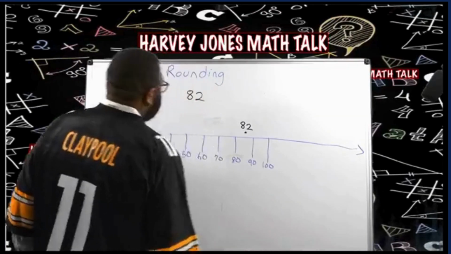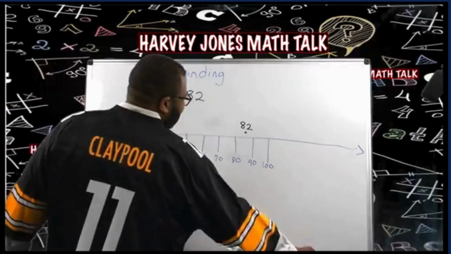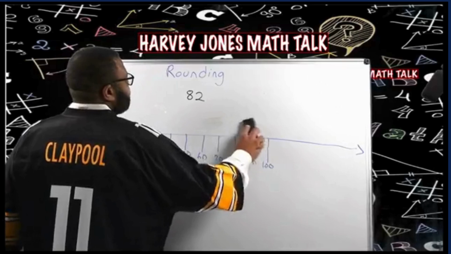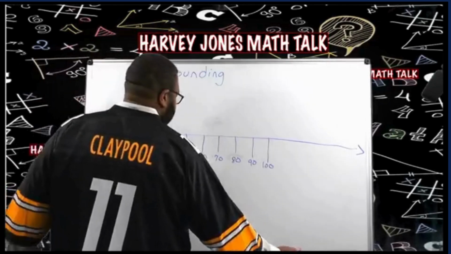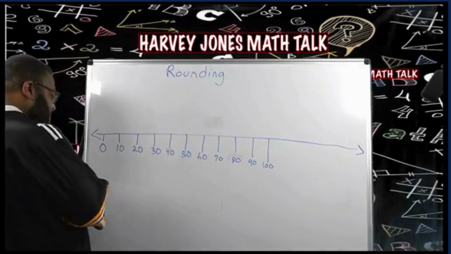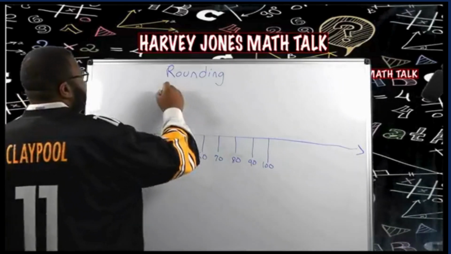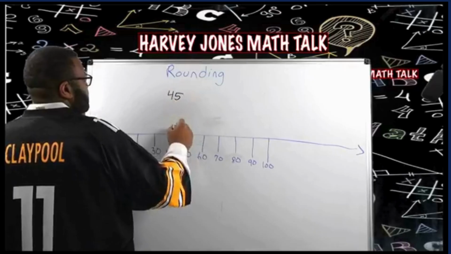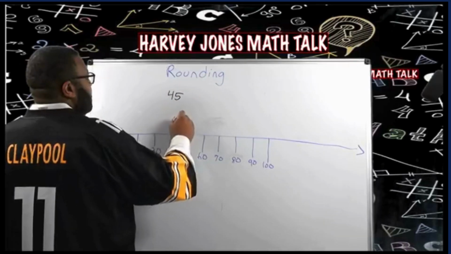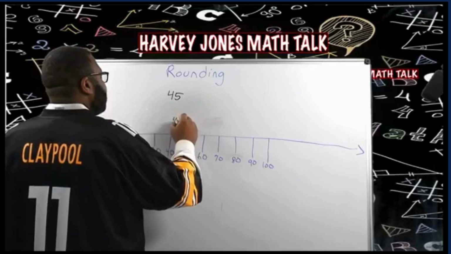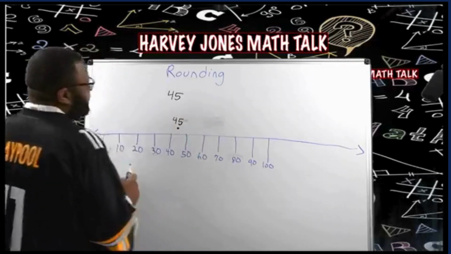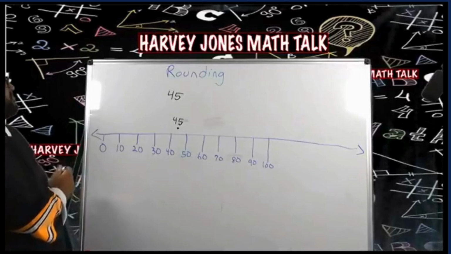All right, now here's where there were some problems, but it's not really a problem. So watch this. I do 45. So 45 is going to go here. Now, when the number is a 5, that's where it's going to fall into place right there.